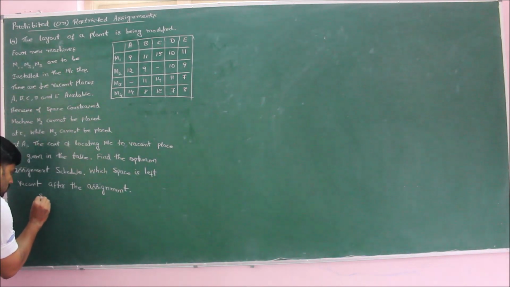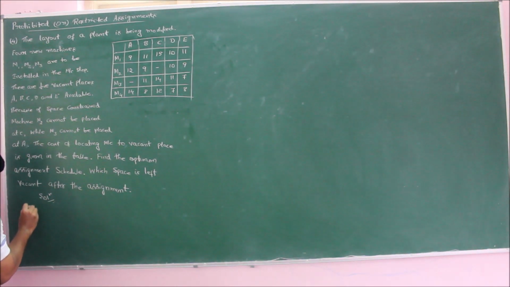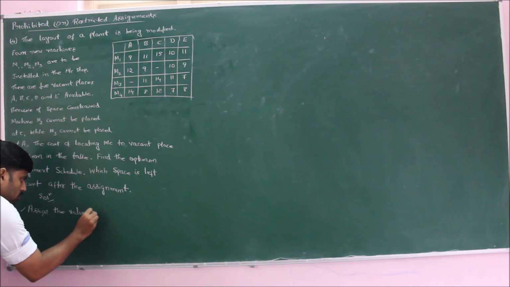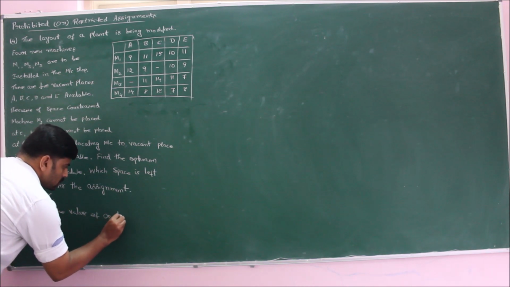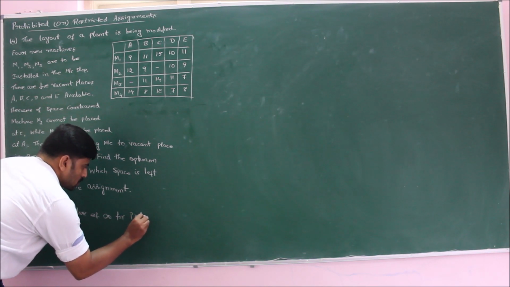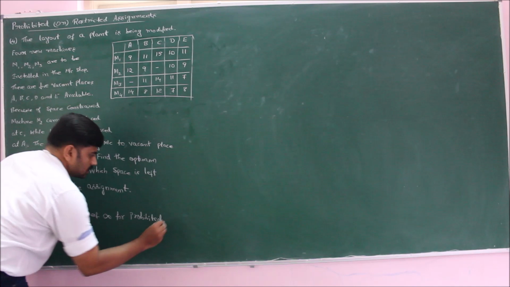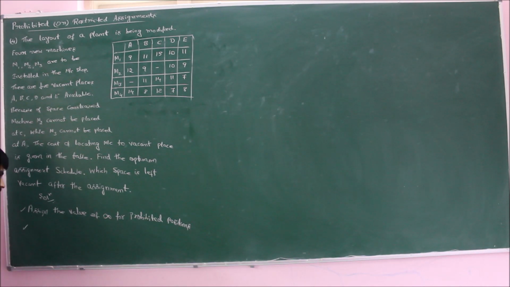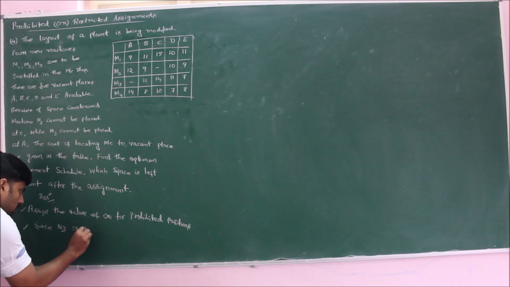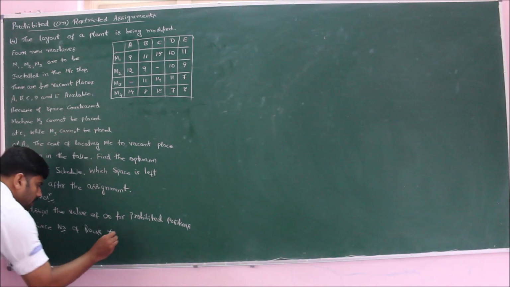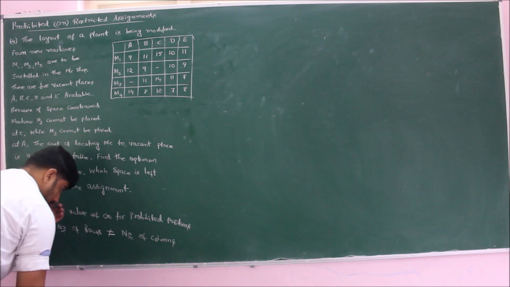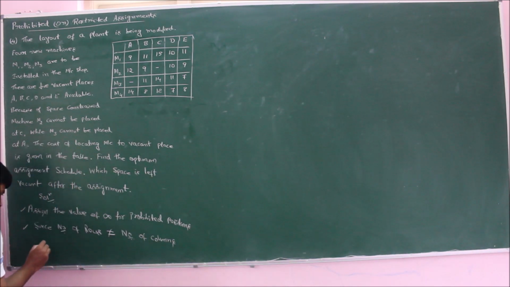The solution is: assign the value of infinity for prohibited positions, and also, since the number of rows is not equal to the number of columns, introduce a dummy row.